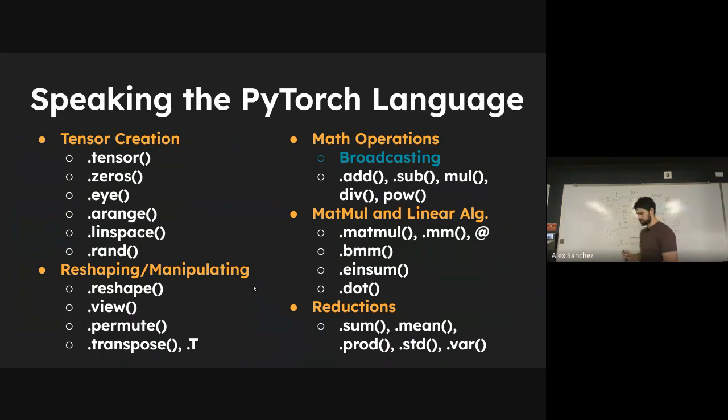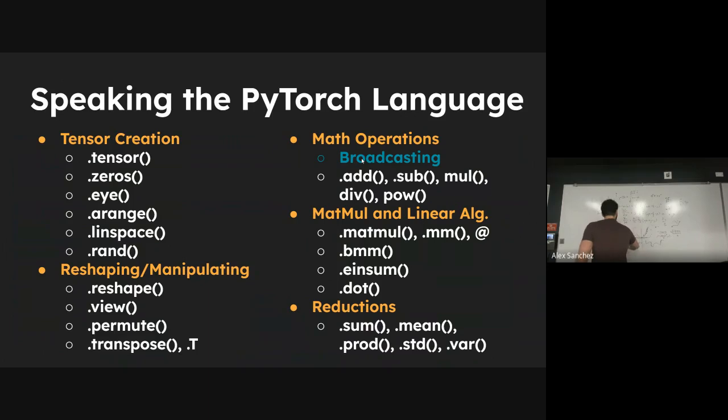This is what we do with reshape. And these are just different methods for reshaping your tensors. Again, in the notebook, we have different fun exercises to try out different methods and see how they work.